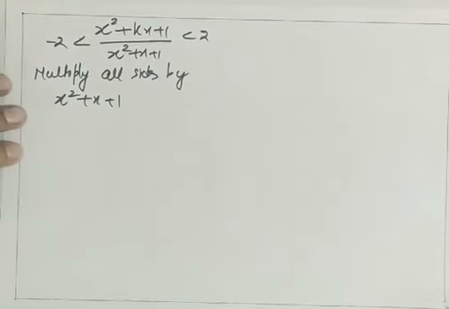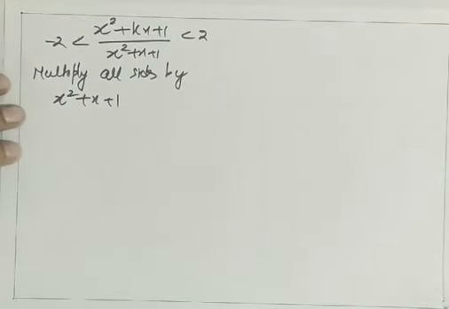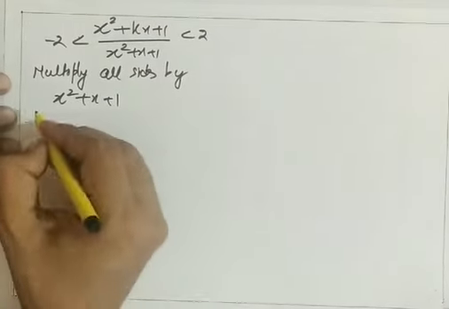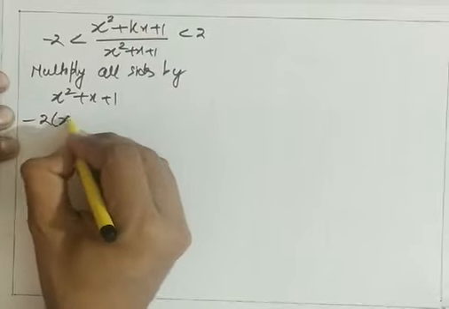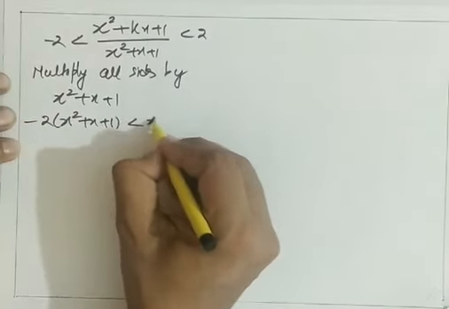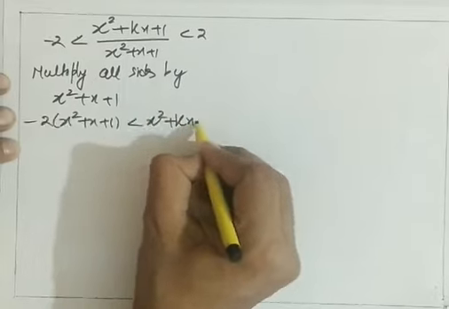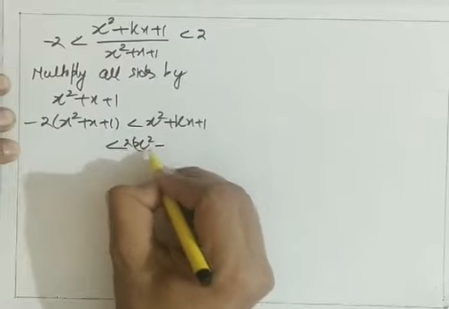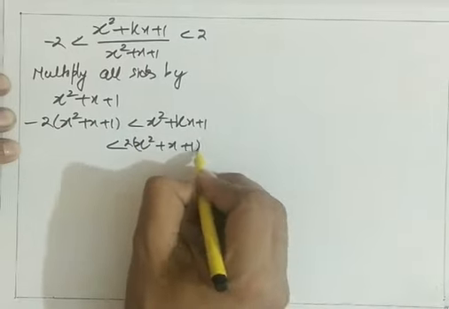In the inequality, if we multiply both sides by a positive number, the sign of inequality doesn't change. So it will become minus 2 times (x square plus x plus 1) is less than x square plus kx plus 1, which is less than 2 times (x square plus x plus 1).